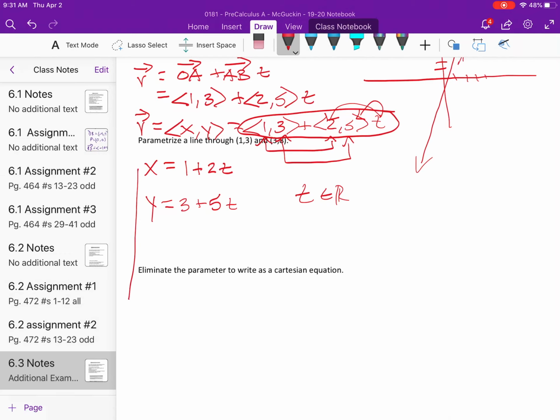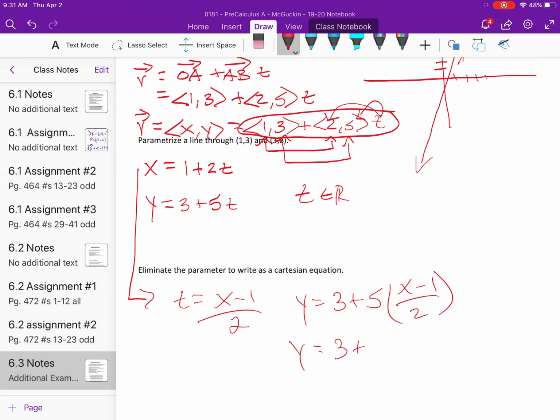If I solve for t using my x equation, I can see that t is going to equal x minus 1 divided by 2. And then if I resubstitute that into my value of y, I can say that it's 3 plus 5 times the quantity of x minus 1 over 2.